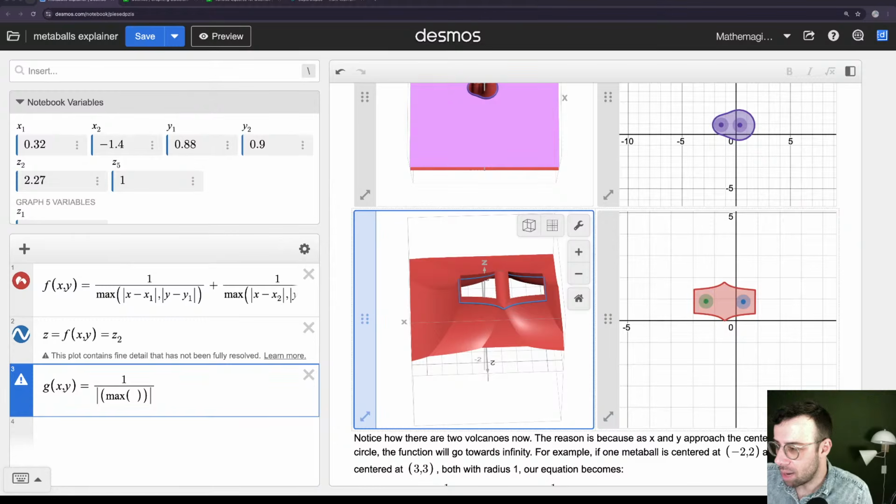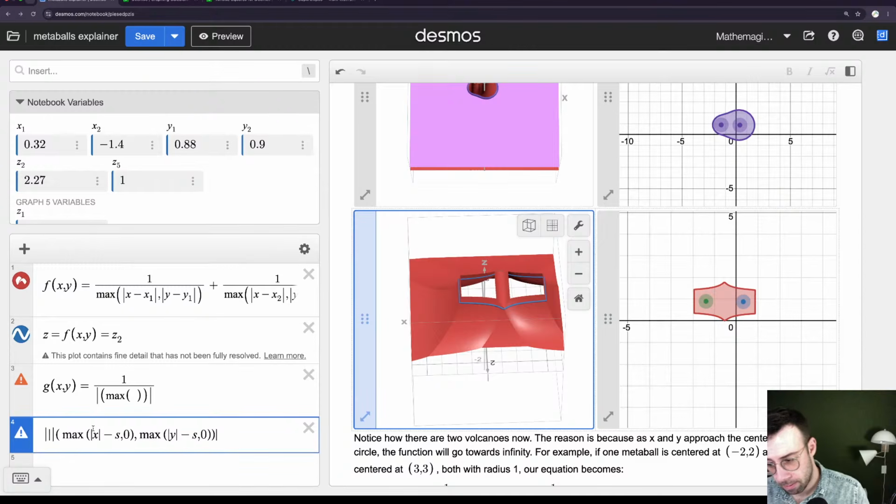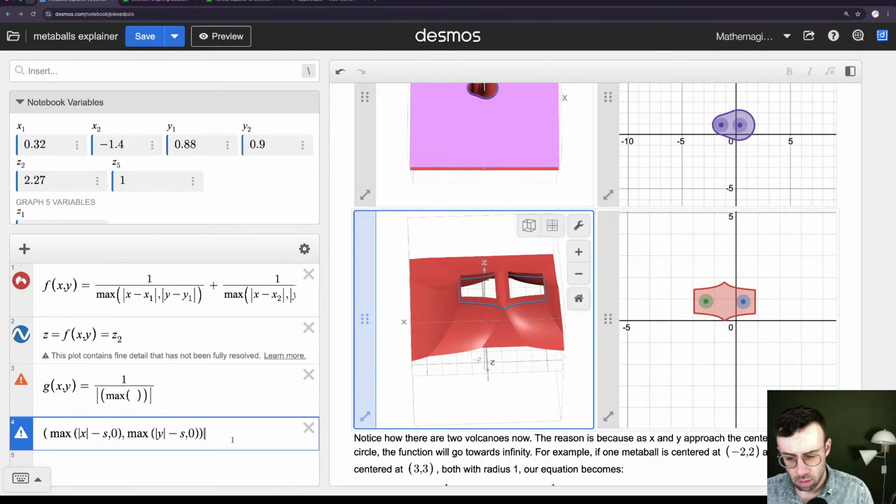Oh, I guess I could just copy yours. Let's see if it copies. Doesn't like that symbol. Weird. Very weird.